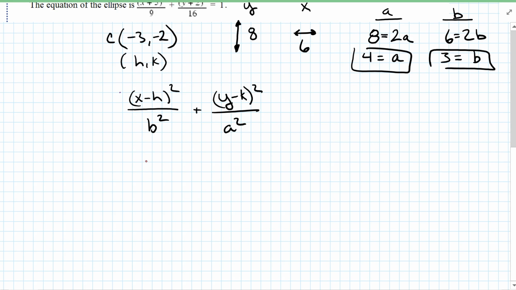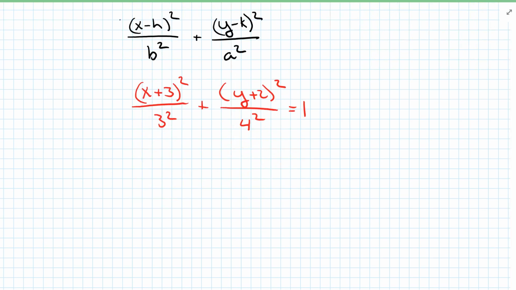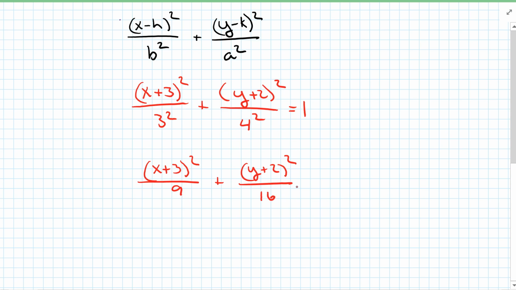So we're just going to plug it in. (x minus -3) squared over our b value squared, 3 squared, plus (y minus -2) squared over our a value, 4 squared, equals 1. So now we can simplify it. (x plus 3) squared over 9 plus (y plus 2) squared over 16 equals 1.